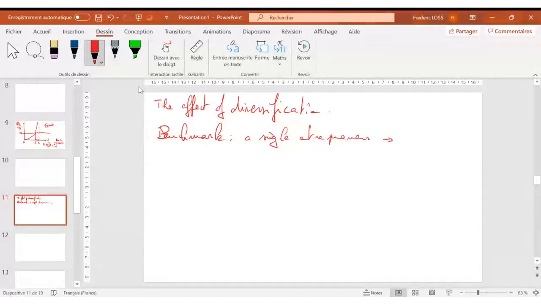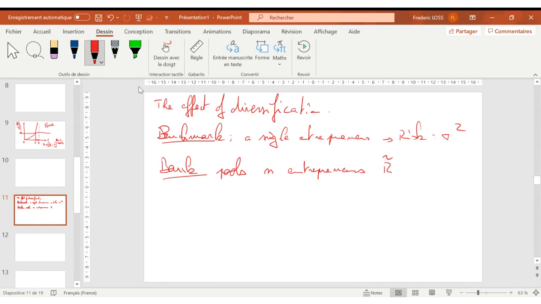So the risk measured by the variance is sigma squared. Now a bank which pools together n entrepreneurs, and the risk is divided between the n entrepreneurs. And let's say that the returns R tilde 2 are IID, independently and identically distributed.